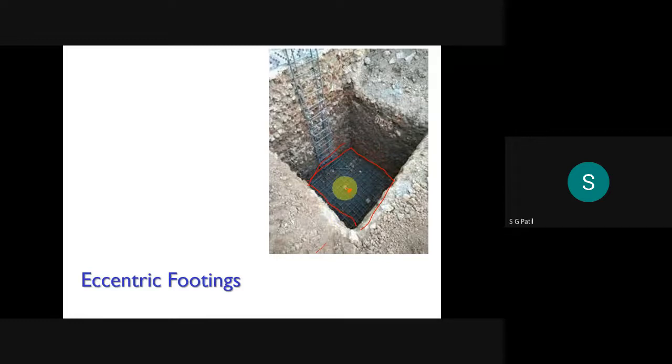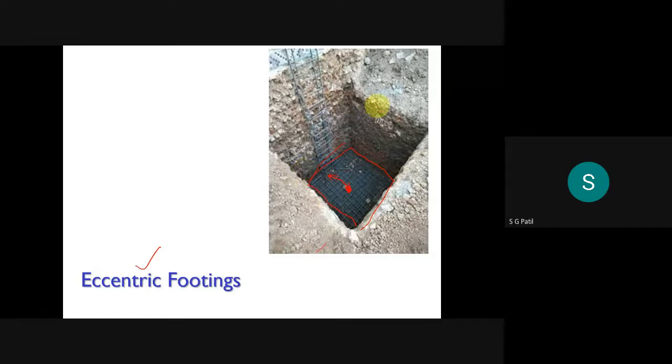It is off by some distance. These kinds of loadings are called eccentric loading, eccentric footings. The column is not exactly at the center of the footing, so it is off by some distance.